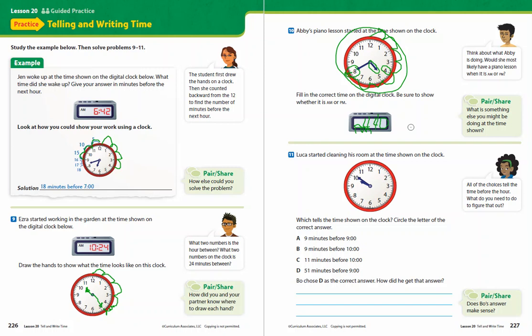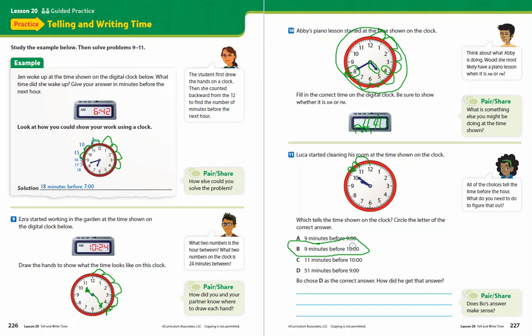All right, so you should have selected B as the correct answer. Because if we look at this, we can count backwards. So we can go 5, 6, 7, 8, 9.